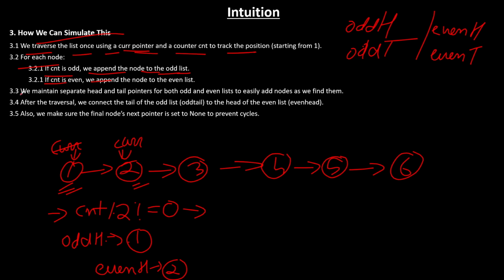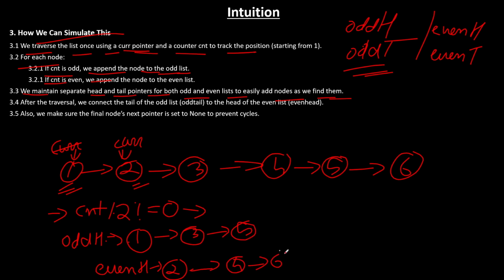Fine. Now we maintain the head and tail pointers. Now we will talk about tail also for both odd and even list to easily add nodes as we find them. Now we will be wondering what we will be doing with the odd tail and even tail. Now when the iteration is complete, for example, we added all the odd indexes here and all the even indexes here.